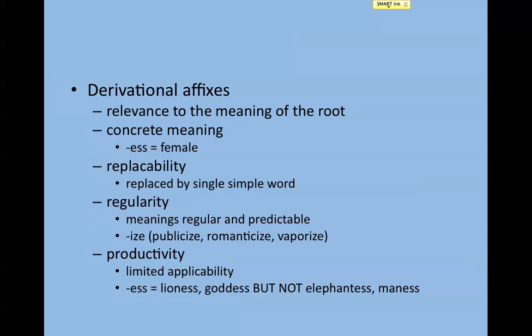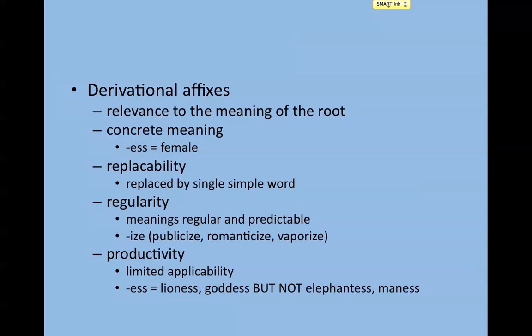All right, now let's talk a little bit about derivational affixes. We already said that there's relevance to the meaning of the root, and it has concrete meaning. So -ess means female, so it actually has its own meaning to a certain extent. It can't be used alone. I can't say -ess and mean female, because it's a bound morpheme.